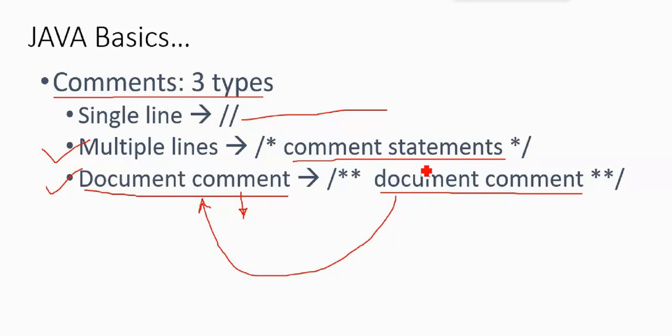Wherever the doc comment is added, it will take that content, process it, and then create one document. The document gives the information about that particular code. So it is just like a book, and in that book, it creates a PDF file, and that PDF file we can refer to for further studies.